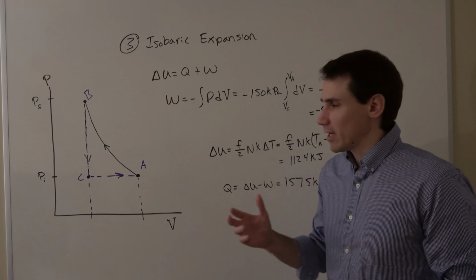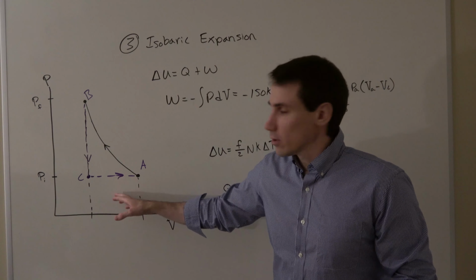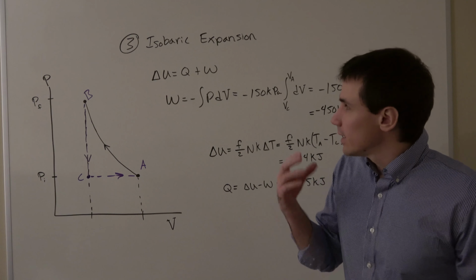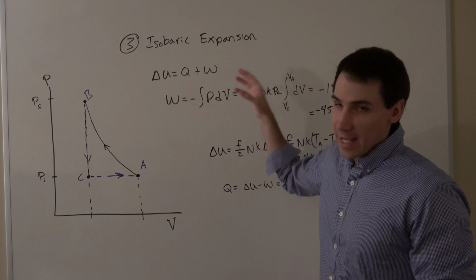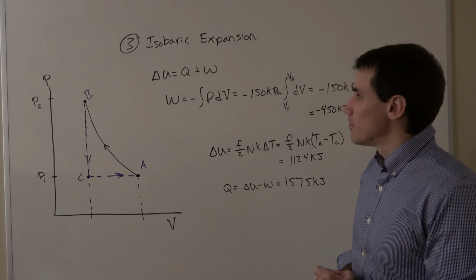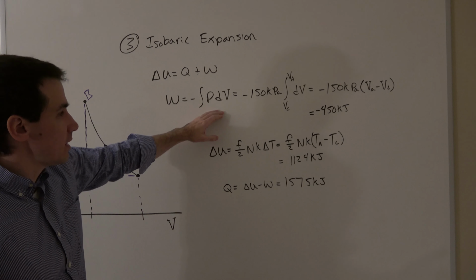Now let's look at the final step in our cycle where we move at constant pressure from point C to point A. In this case, both heat and work contribute to the change in energy of the gas. So we can first find the work using the negative integral of P dV.